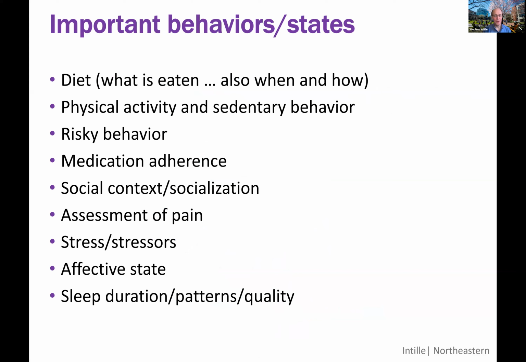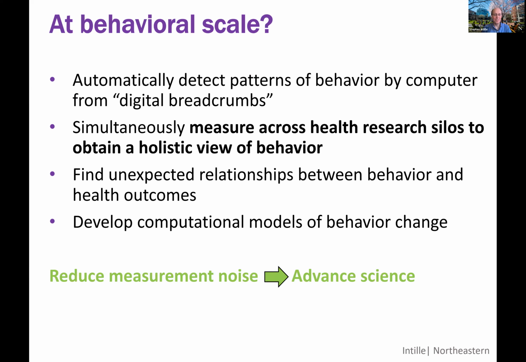Diet, physical activity, sedentary behavior, risky behavior, medication adherence, socialization, assessment of pain, stress and stressors, affective state, and sleep duration, patterns of sleep. All of these things we know are super important, but if you look in the literature and ask how these are actually measured in most of our studies, I think it's a little scary in some regards how poor some of the measurement tools are.